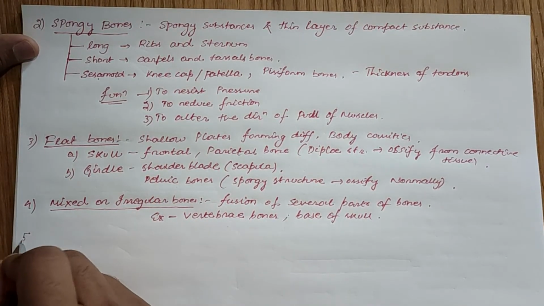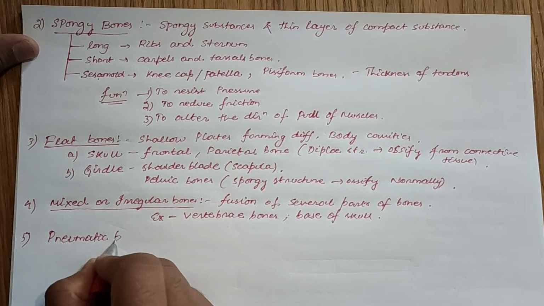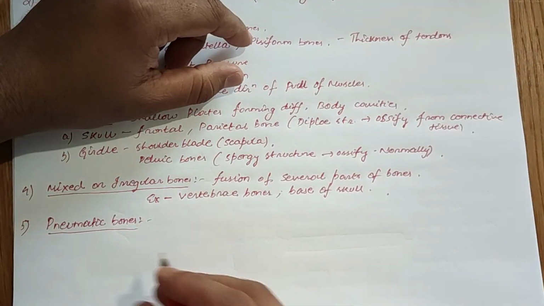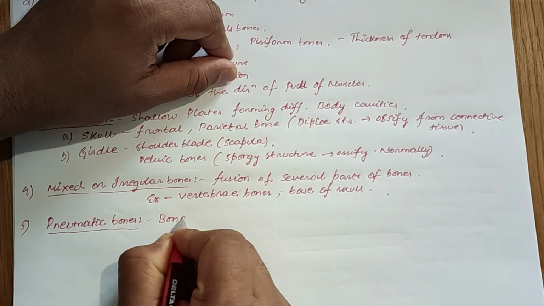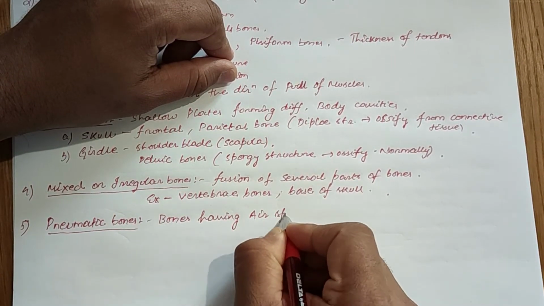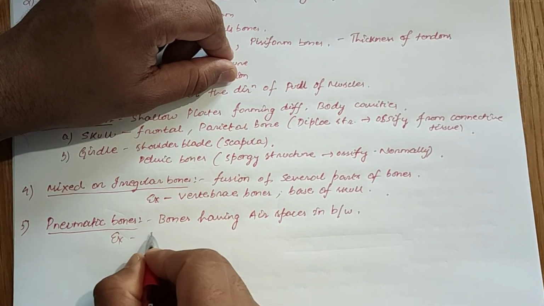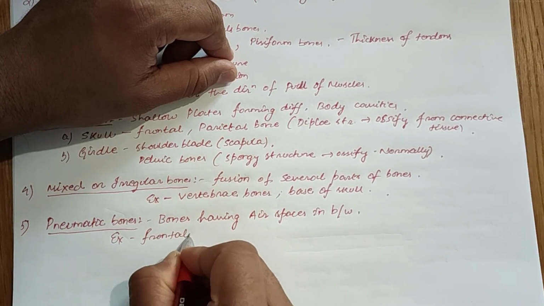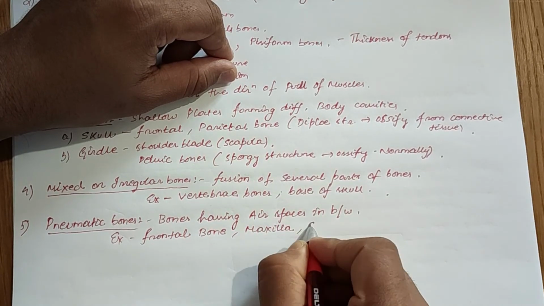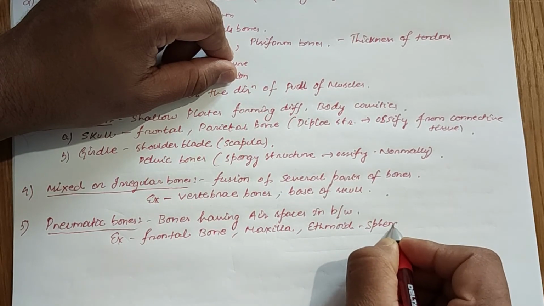Then the fifth one is pneumatic bones. Pneumatic bones are bones having air spaces in between. Examples are the frontal bone, then maxilla, then ethmoid, then sphenoid bone also. These have air spaces in them, and what is their function?